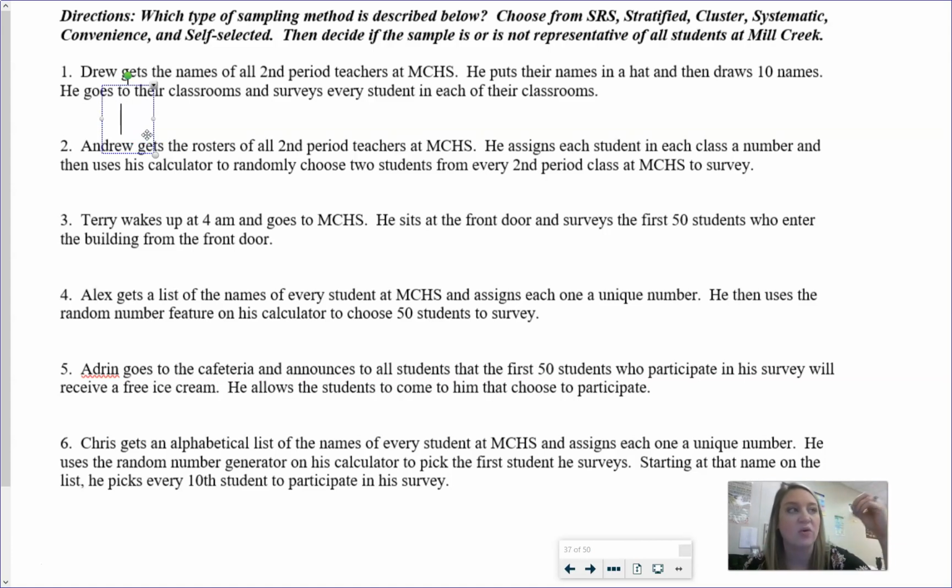He surveys the whole class. So this is considered a cluster sample. And is it representative? Yes, it is, because it is random. It's one of our good ways to get a sample. This is a cluster example, and yes, it is representative of the population.